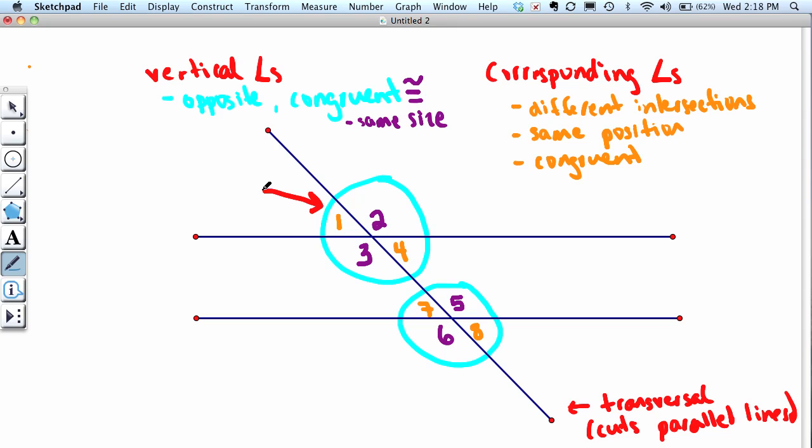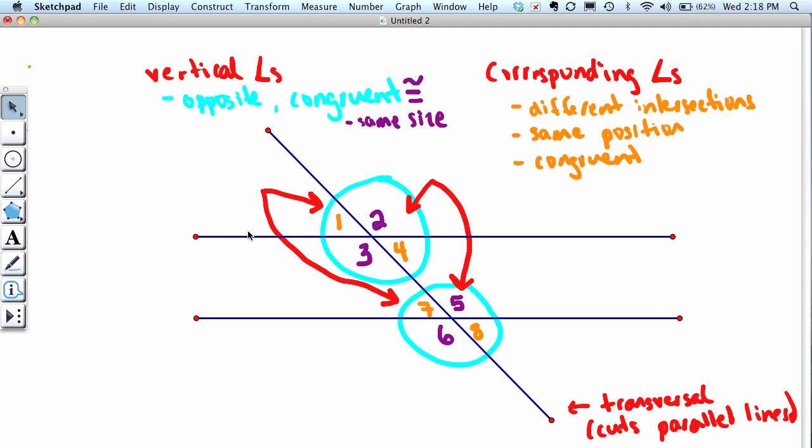Well, angle 7 happens to also be in the top left section of its intersection. So angle 1 and angle 7 are corresponding angles, and therefore they are the same size. Likewise, angle number 2, which is in the top right, is in the same position as angle number 5. So those are corresponding angles that therefore are also congruent.